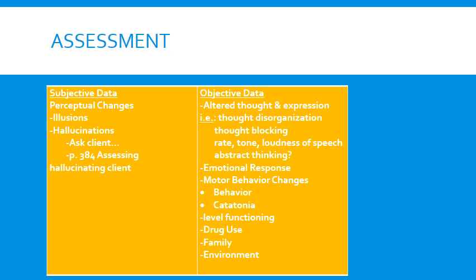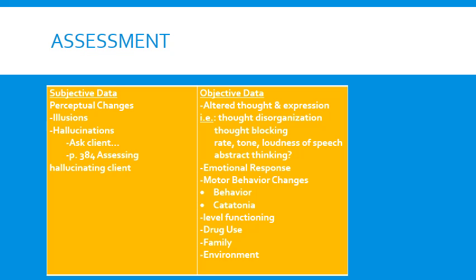If they have difficulty following the conversation, that might mean that they are preoccupied and attending to internal stimuli such as listening to voices. If you see them looking at the ceiling a lot or looking around the room, those might also be symptoms of hallucinations.